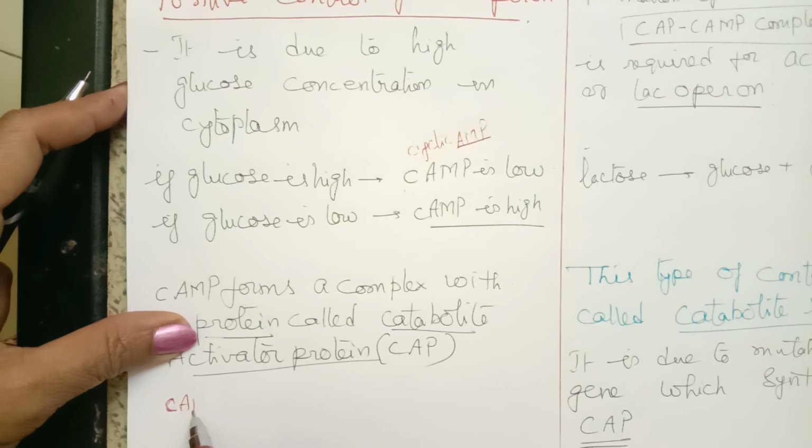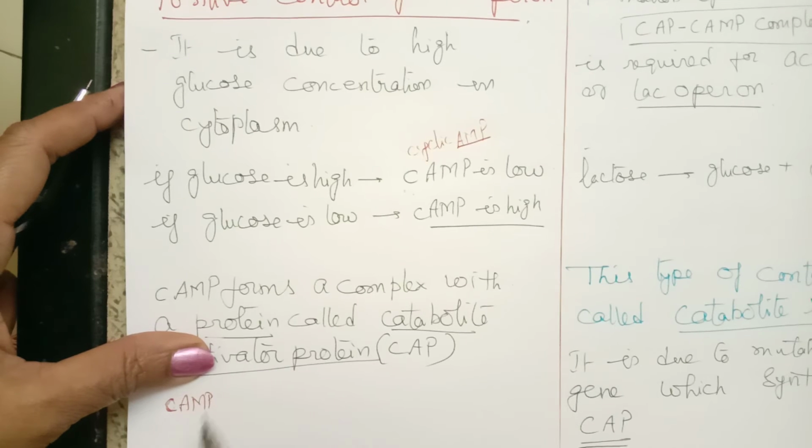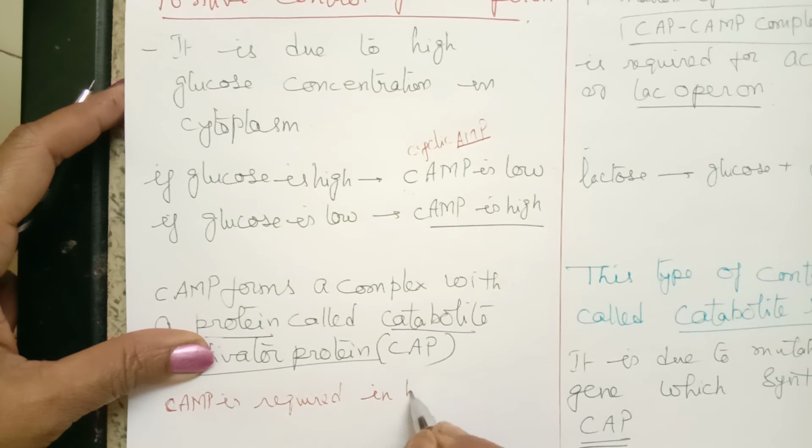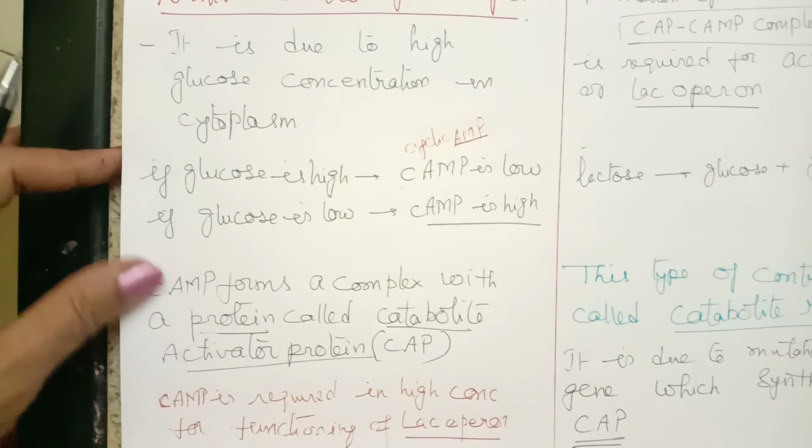Cyclic AMP is required in high concentration for functioning of Lac Operon. So for functioning of Lac Operon, high cyclic AMP is required.